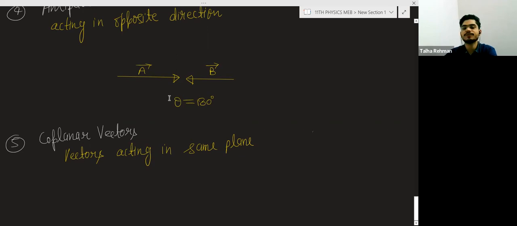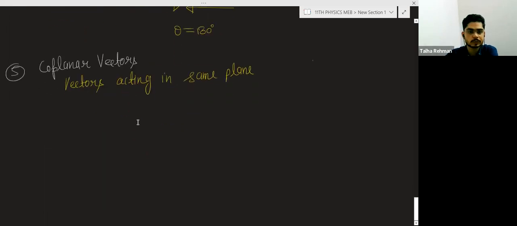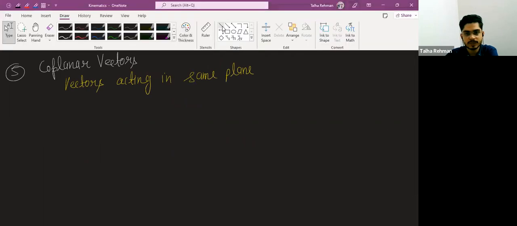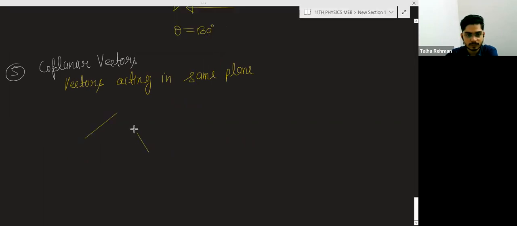There is a plane of your copy also. So those vectors are coplanar vectors. If they are in the same plane, then you can say they are coplanar vectors.